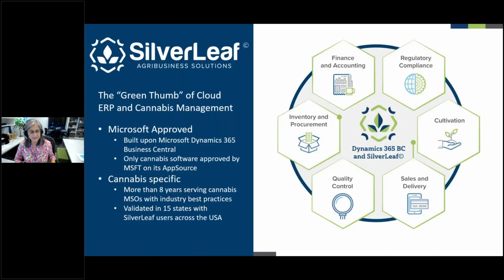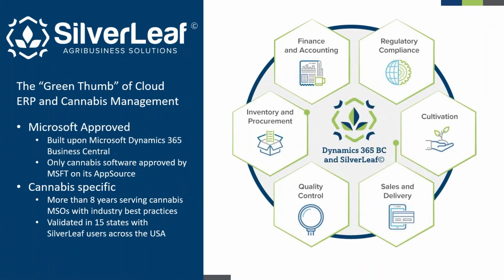So let's first talk about Silverleaf before we get into the features. If you've heard this webinar already, then fast forward if you're watching the recording, because we mention this every time. Silverleaf is an extension to Microsoft Business Central to support the cannabis industry. Business Central is part of the Microsoft Dynamics family.